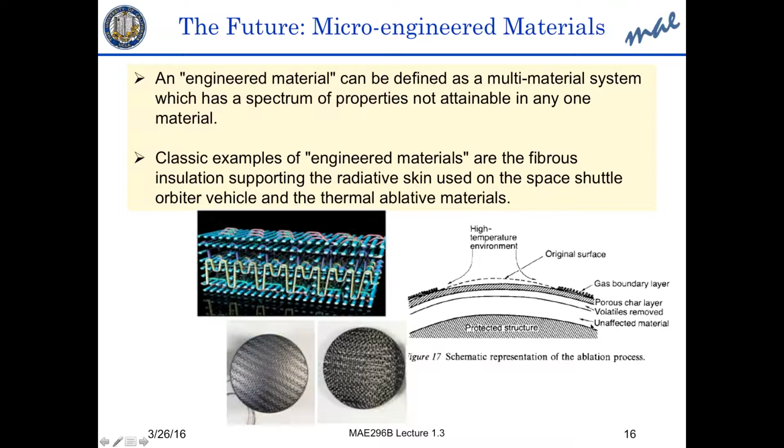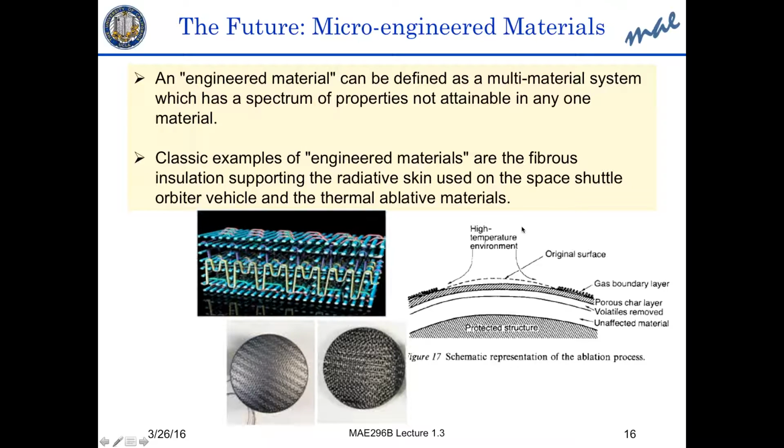In this material, we have some fibrous layer, and the fibrous layer can interact with the gas boundary layer and produce char, and the char can leave the material like here, and as it leaves the material, it carries away the heat, and therefore you don't need to cool it. So there's no cooling for that particular application, but the idea is ablation.